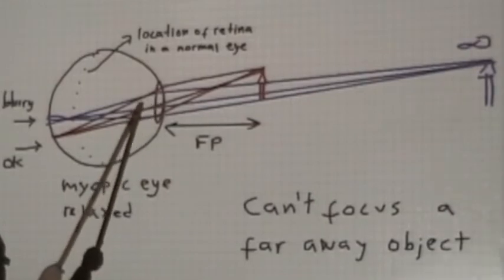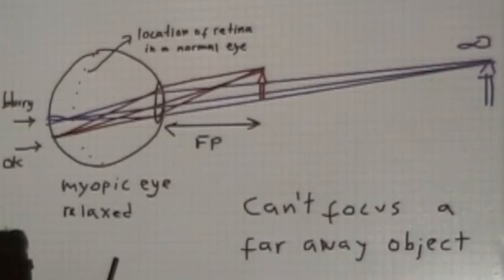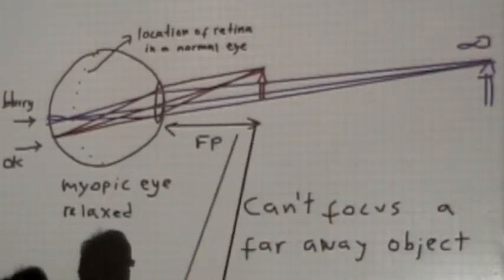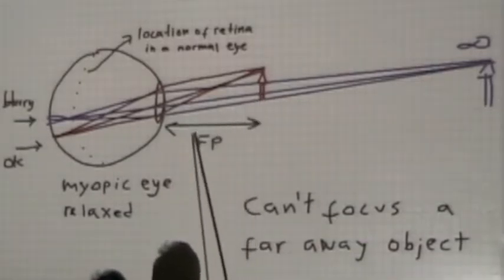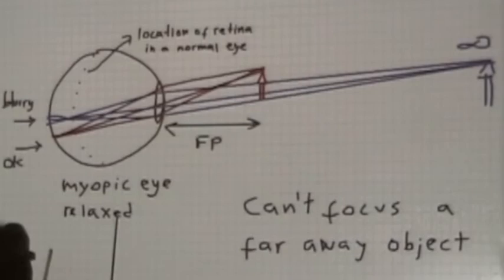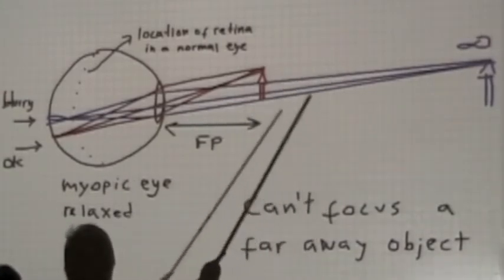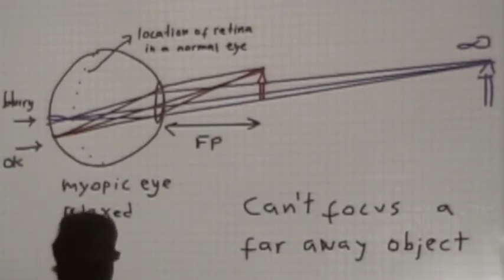If the F gets smaller, then this point moves that way. So that would make things worse, right? So accommodation doesn't help, and you simply cannot focus on an object that is further away than your far point, which is some distance, whatever it is. For me, it would be 30 centimeters or something like that. Anywhere here, those light rays do not get focused here.